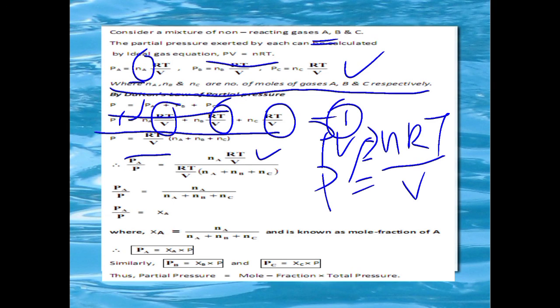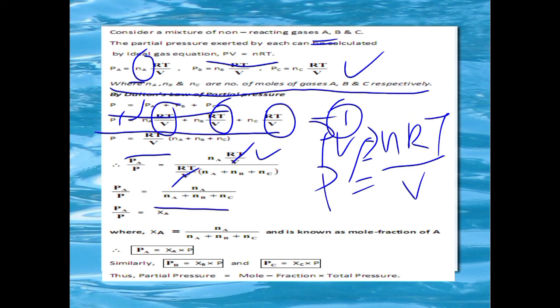So PA by P is equal to, here RT by V and here also RT by V, so we can cancel this. We'll get Na by Na plus Nb plus Nc.